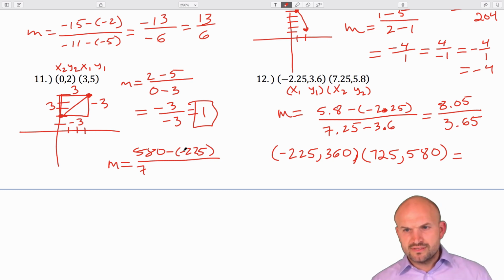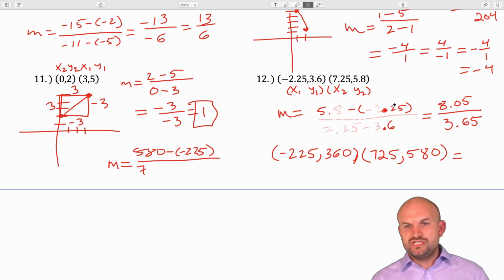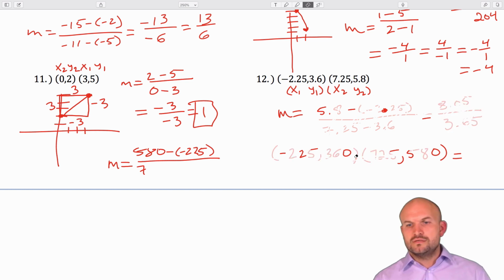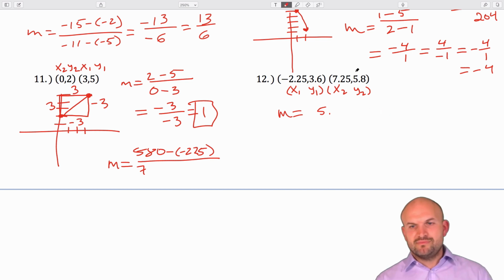Did I change these up? I did mess it up. It's y2 minus y1. Oh man, thankfully I checked my work. Oh well, that's all correct, but not that. All right, last problem, making some mistakes.